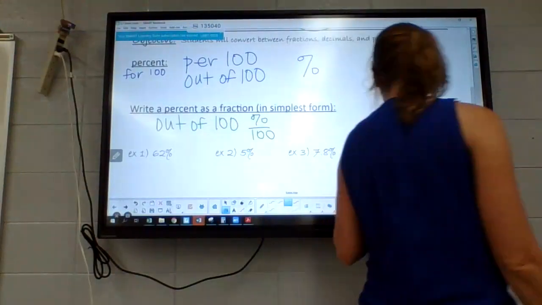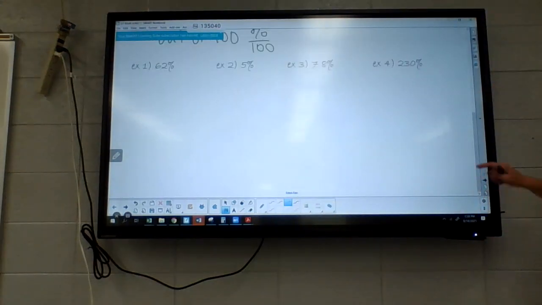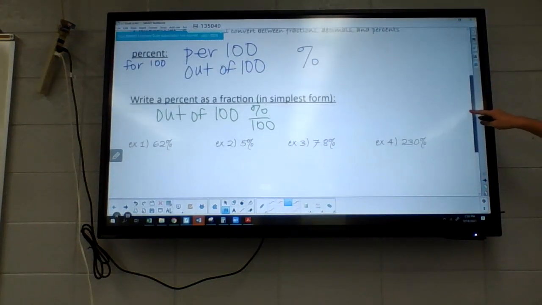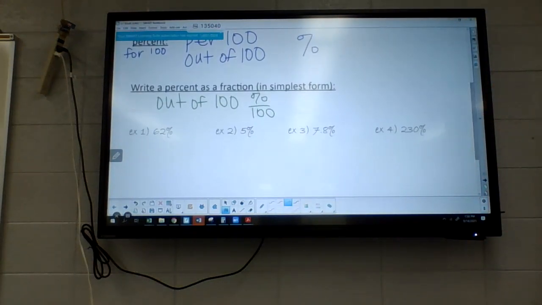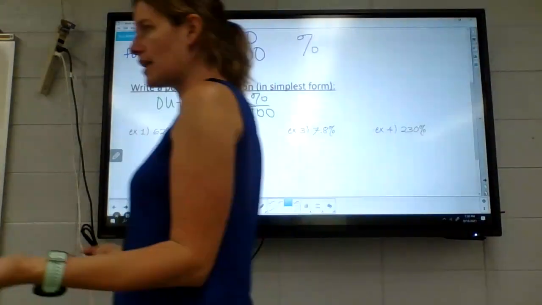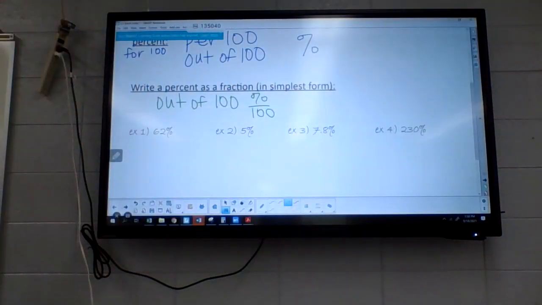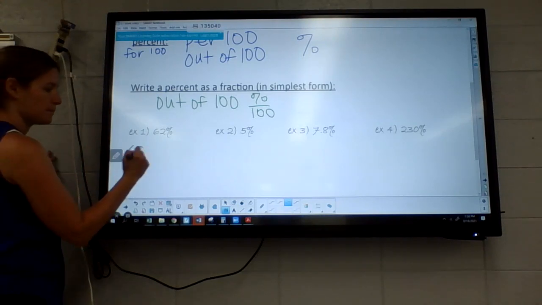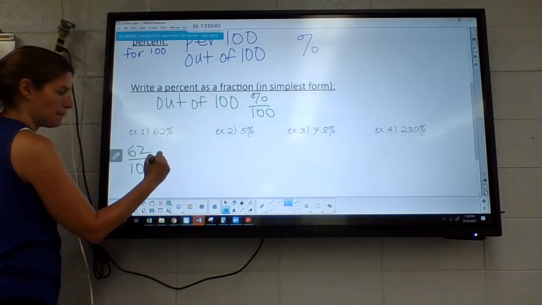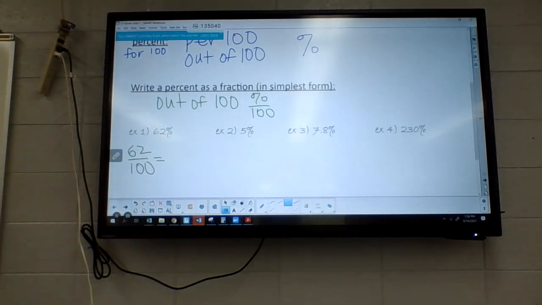So just be careful what they're asking for in each of these parts. So 62% is 62 out of 100. It's fine if you grab your calculator to simplify that, because 62 is a pretty big number.